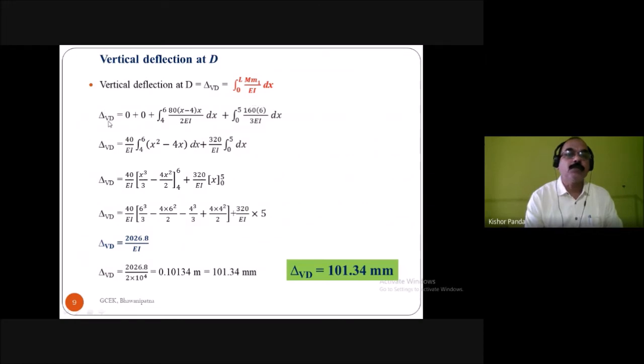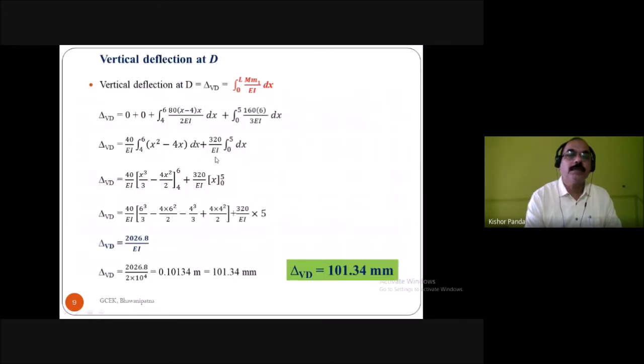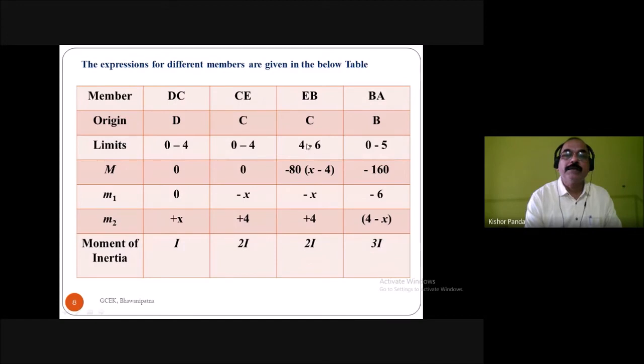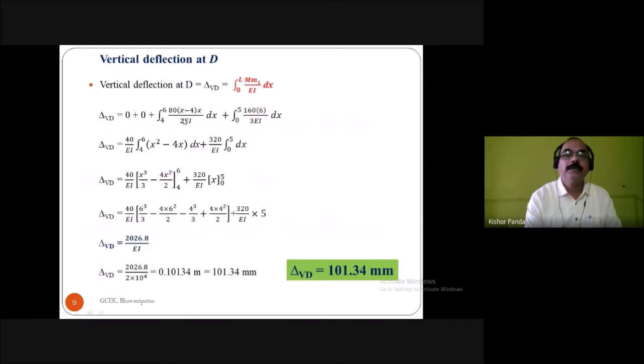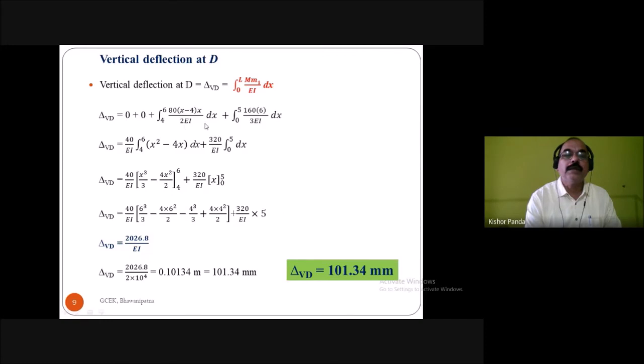So delta Vd is equal to: for DC, capital M is 0 and small m1 is 0, so this is 0. For CE, capital M is 0 and small m1 is minus x, so this is also 0. For EB, the integration limit is 4 to 6, and capital M is minus 80 into x minus 4 and small m1 is minus x, so this is 80 into x minus 4 into x, divided by 2EI, since the moment of inertia given is 2I, into dx.